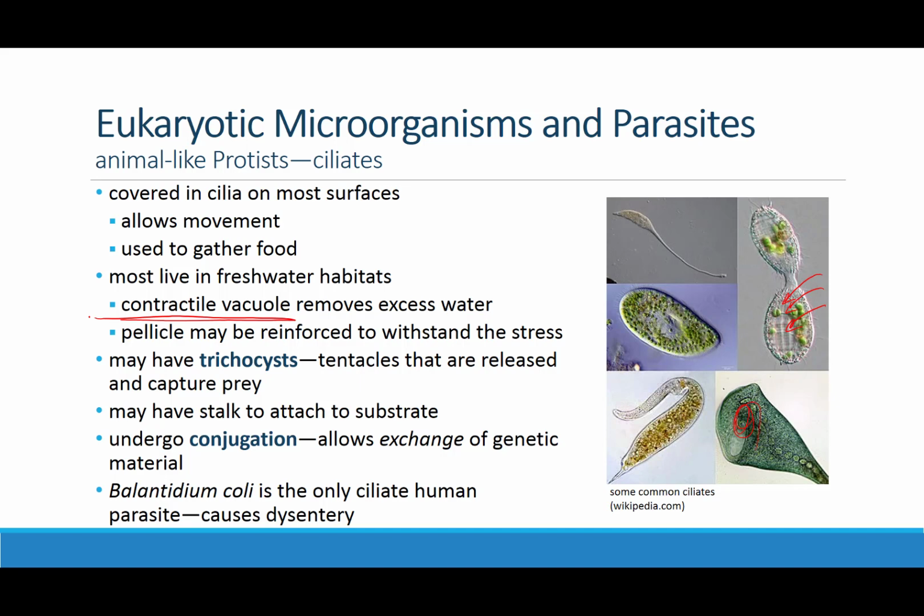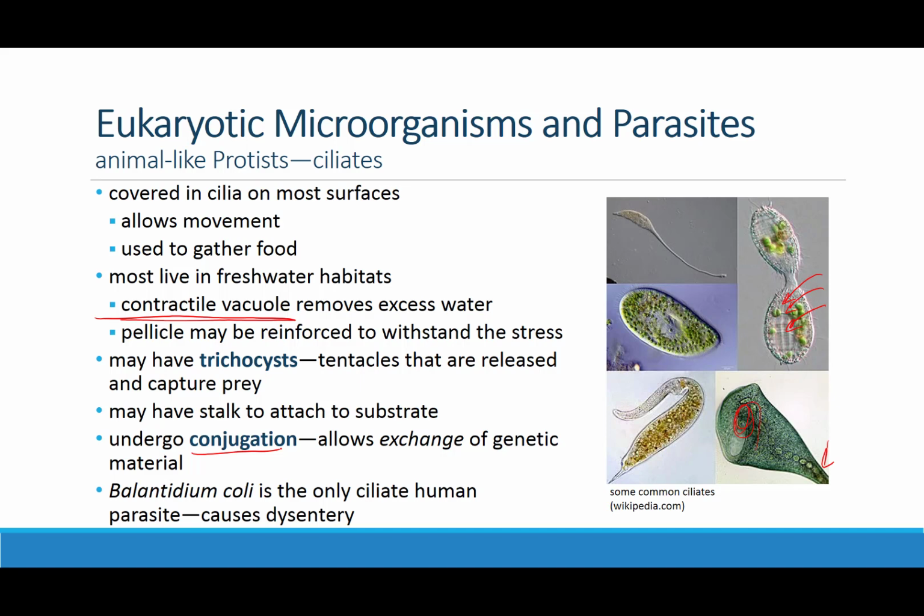And they may even have little stalks, like little butt ends, that help them to attach to substrate, so that they can stay in one place. They are capable of undergoing conjugation, where this is not sexual reproduction, but they just kind of bump up against each other, and then they can exchange bits of genetic material, frequently as plasmids.